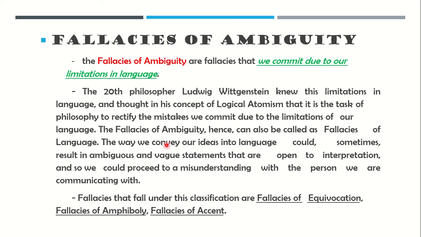The way we convey our ideas into language could sometimes result in ambiguous and vague statements that are open to interpretation, and so we could proceed to a misunderstanding with the person we are communicating with. Fallacies that fall under this classification are fallacies of equivocation, fallacies of amphiboly, and fallacies of accent.